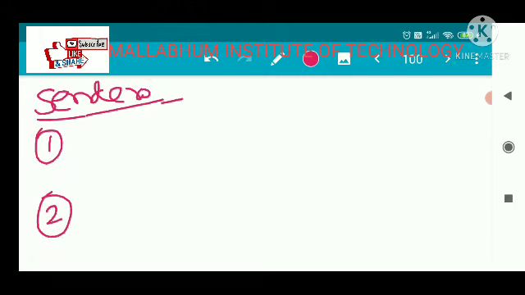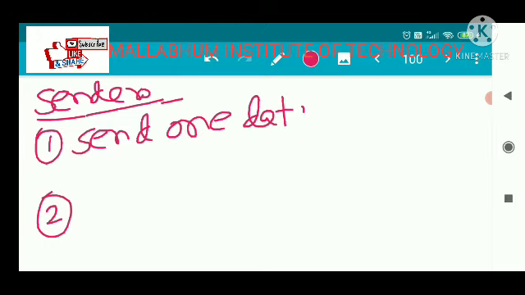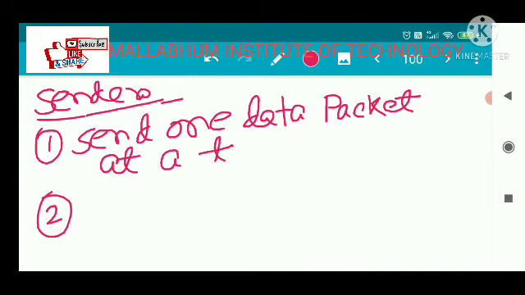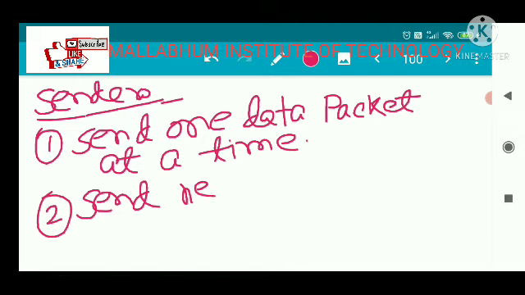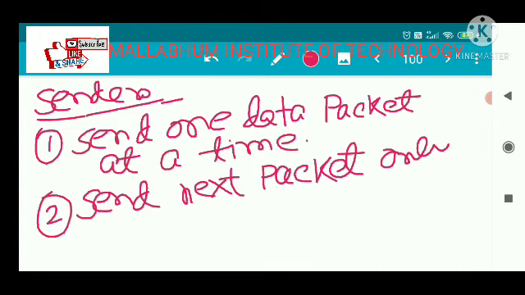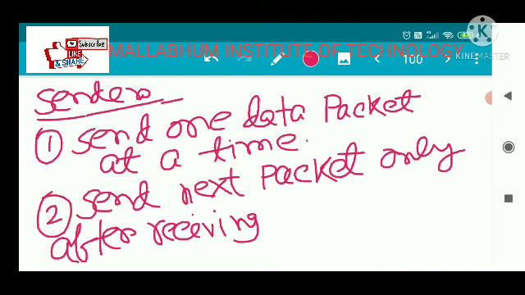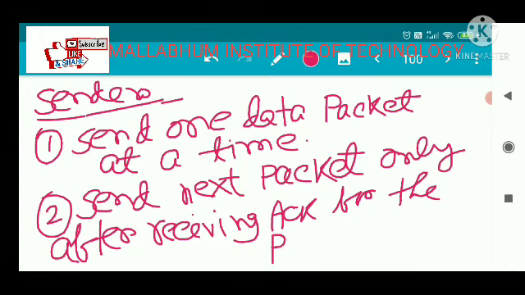From the sender side, send one data packet at a time, and send the next packet only after receiving ACK for the previous. This is the sender side primitive rule.